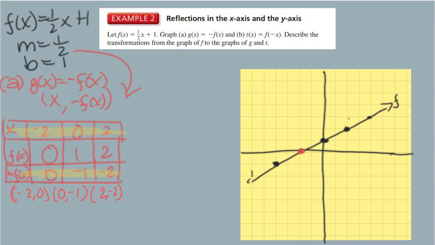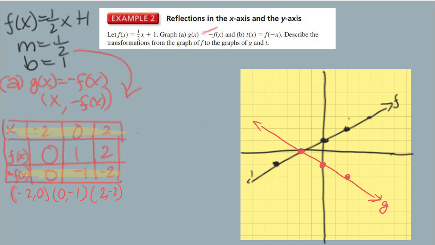So we have -2, 0, 0, -1. So it's 0, -1. And 2, -2. So whose line is this? Correct. That is our G.